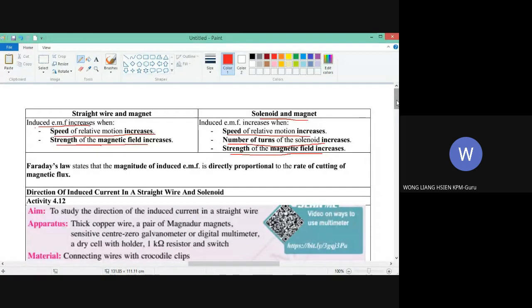The factor that can affect the magnitude of the induced EMF is explained by Faraday's law. Faraday's law states that the magnitude of induced EMF is directly proportional to the rate of cutting of magnetic flux, that means how fast you are cutting the magnetic flux.